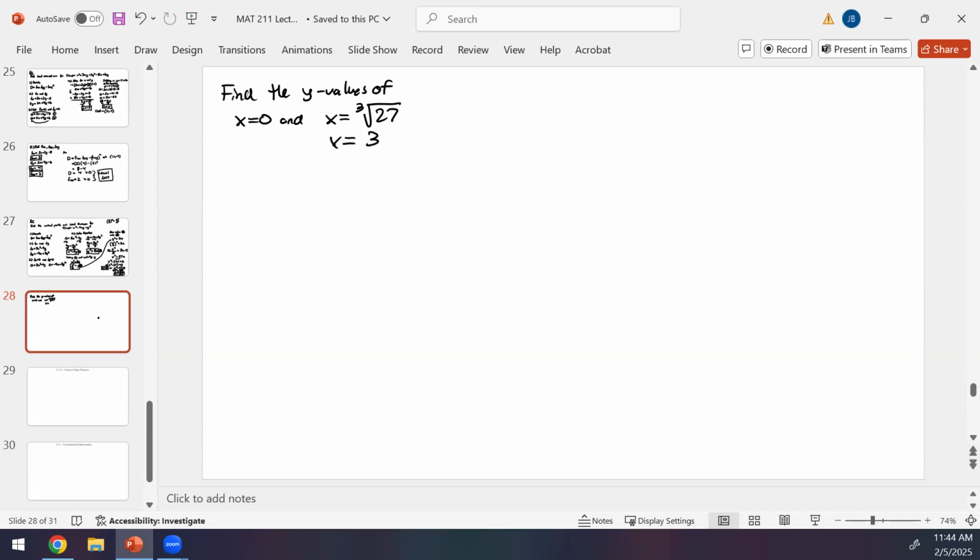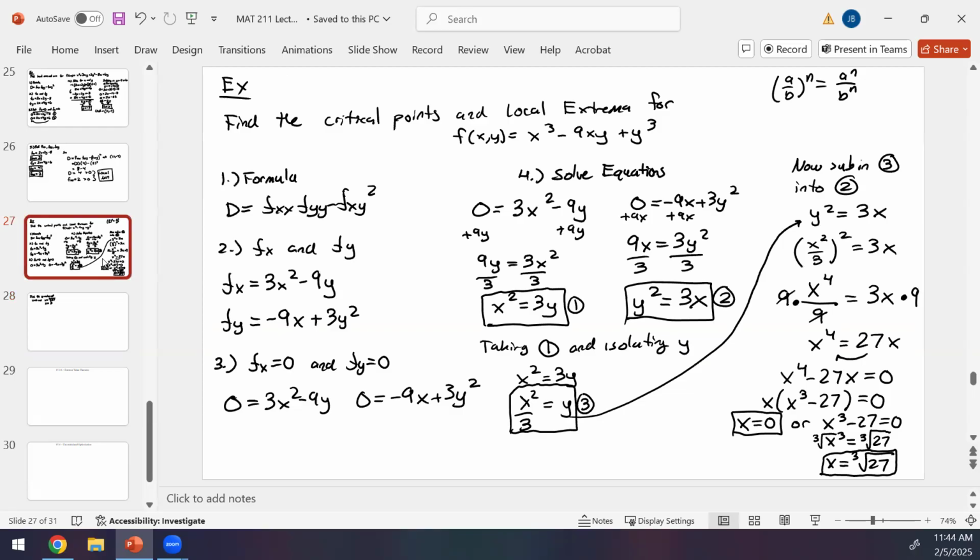It's 3, because 3 times 3 times 3 is 27. And it doesn't matter which equation you pick. You can pick equation number 1, 2, or 3, but ideally, you would want to plug it into equation number 3, because that'll give you the y value directly, right? It's already in terms of y equals, but it doesn't matter which equation you pick.